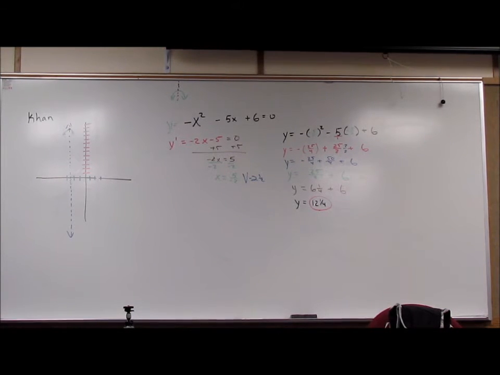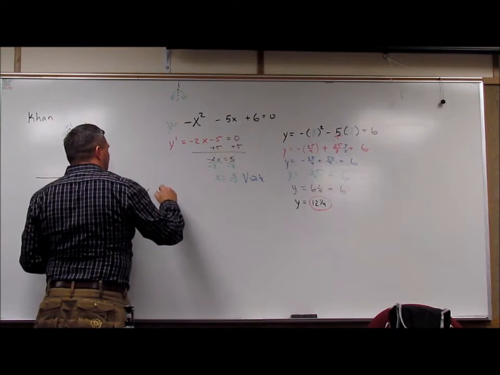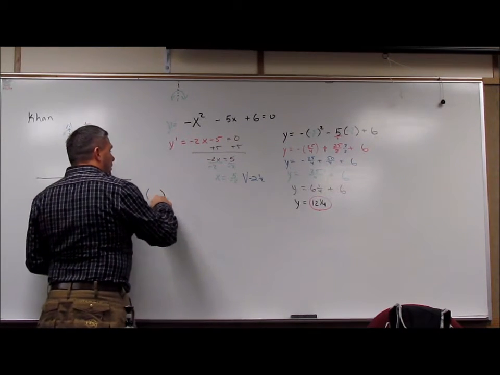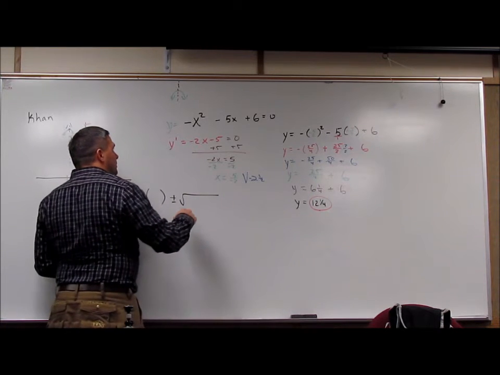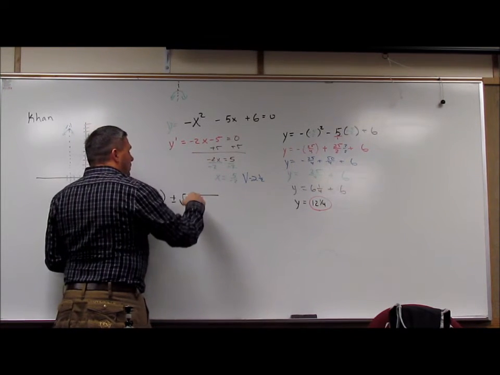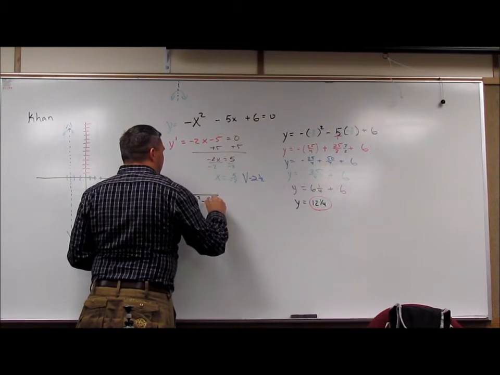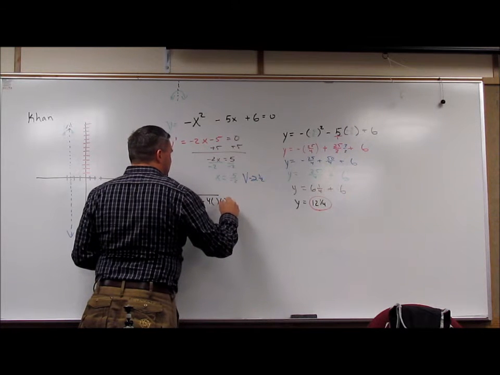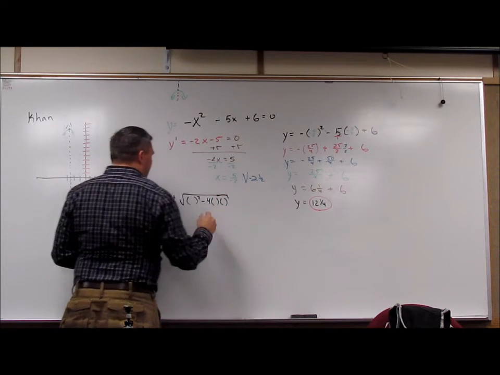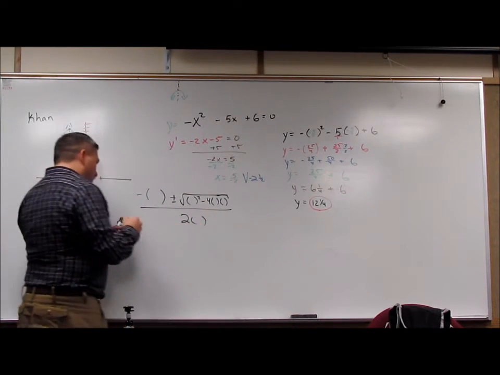So, let's start with the quadratic formula being negative b plus or minus the square root of b squared minus 4ac all over 2a.